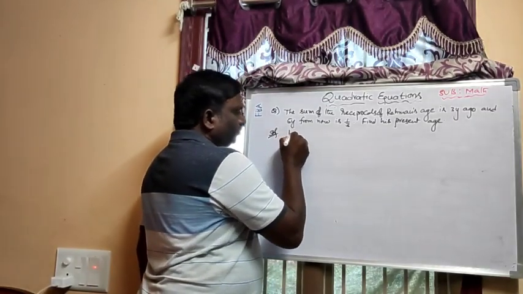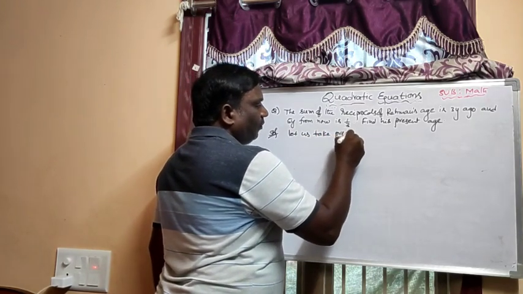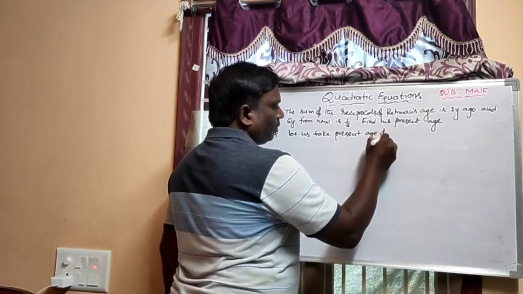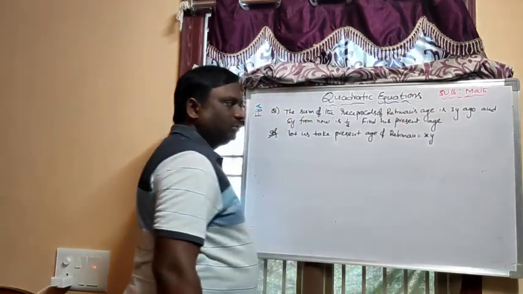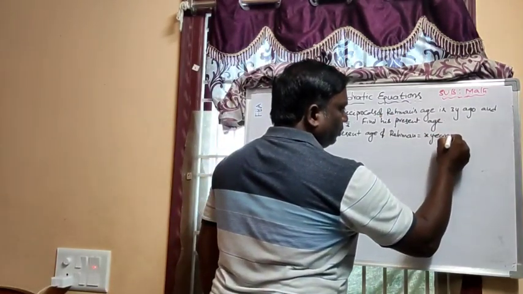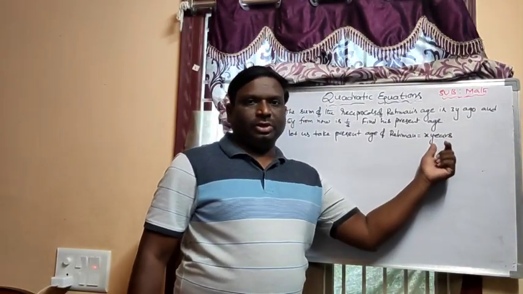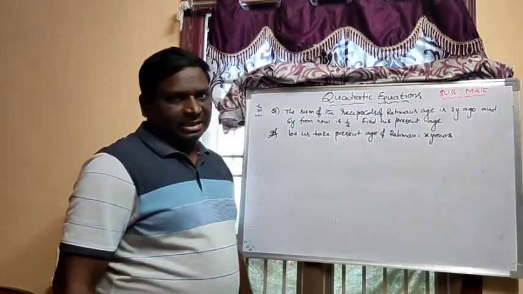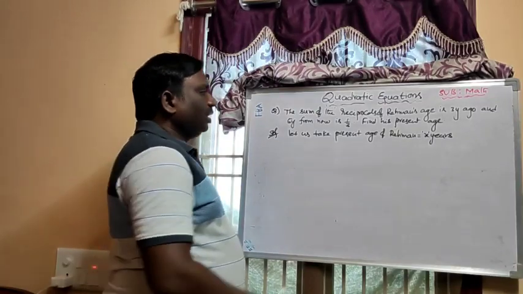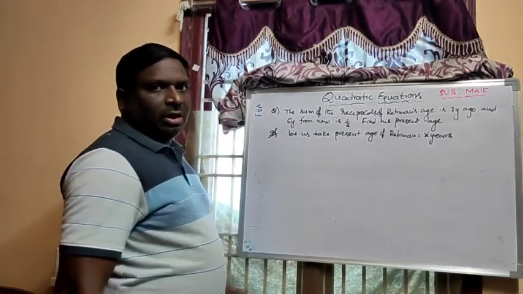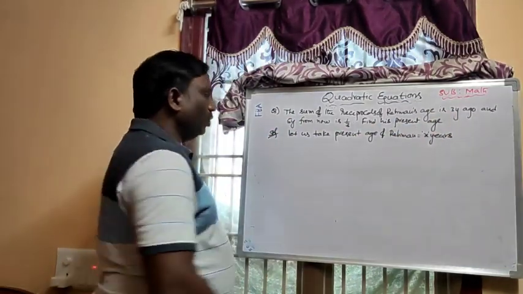Let us take the present age of Rahman as x years. If you don't write the years, then it will become xy. Better to write the full form, x years, then keep single inverted commas. So present age is this one.